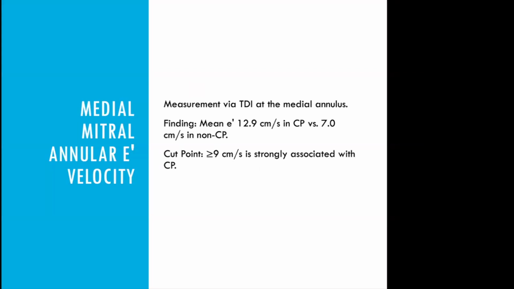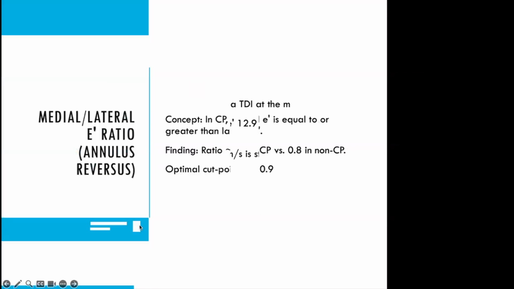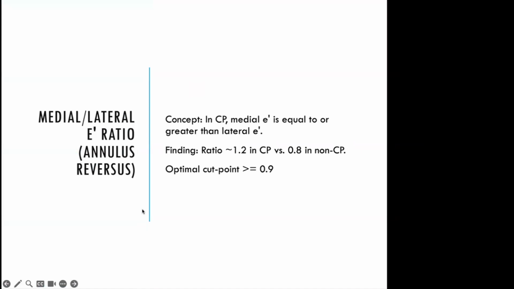The optimal cut point that they chose with constrictive pericarditis was more than or equal to 9 centimeters per second, as having a strong association with constrictive pericarditis.